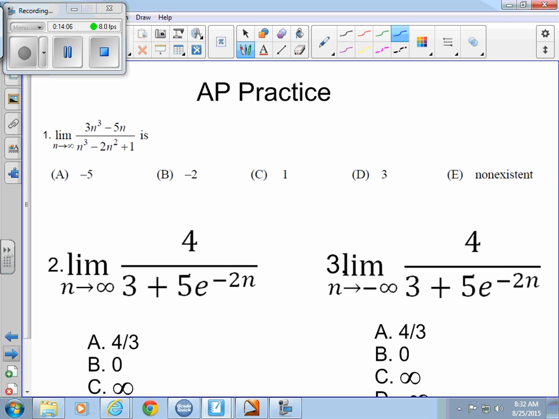These are some practice problems. The top one is a real AP question. The bottom ones are modifications of real AP questions. I hope the top one is encouraging to you, because that's a real AP question. The limit as n approaches infinity of 3n cubed minus 5n over n cubed minus 3n, or 2n squared plus 1. What is that limit?